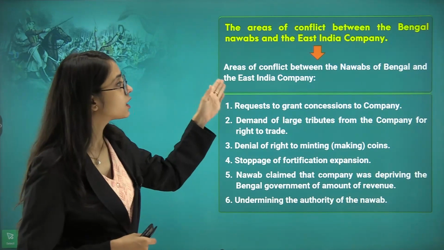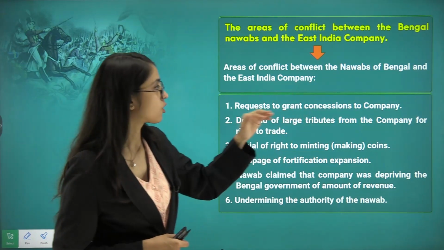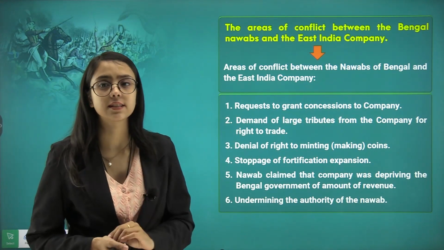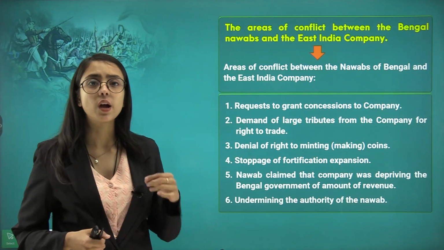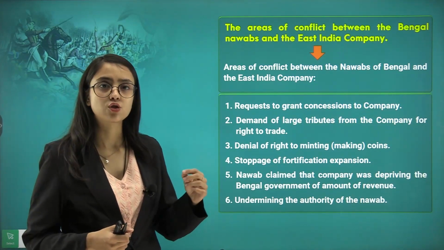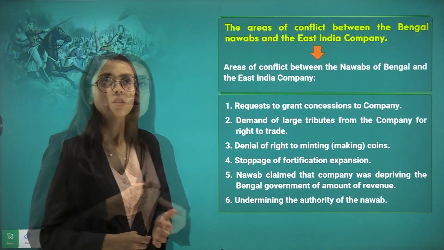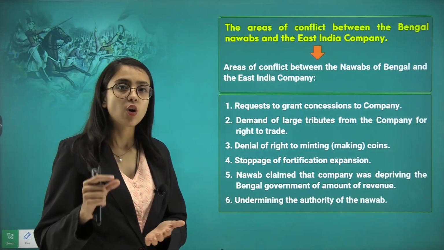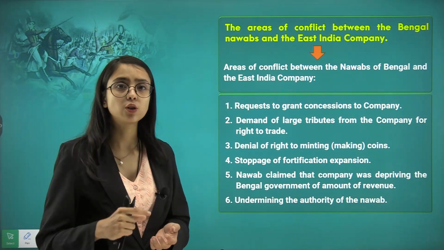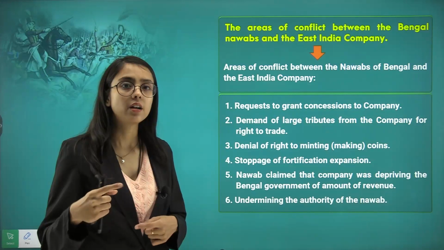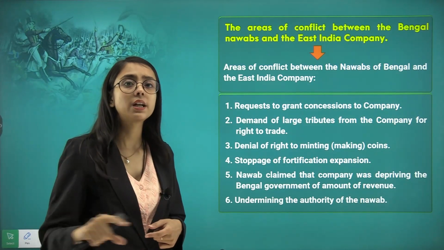The areas of conflict between the Nawabs of Bengal and the East India Company were, first, requests to grant concessions to the company, the reason being that they needed fair trade. Bengal was suffering from a loss of revenue because the East India Company was allowed to trade duty free and was manipulating the market.